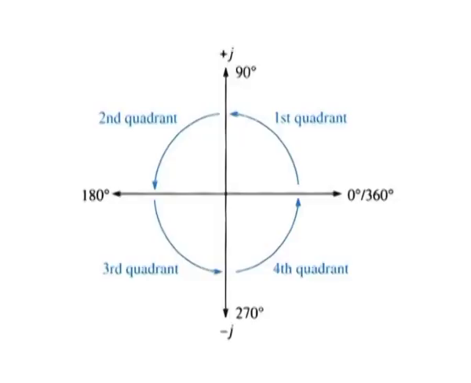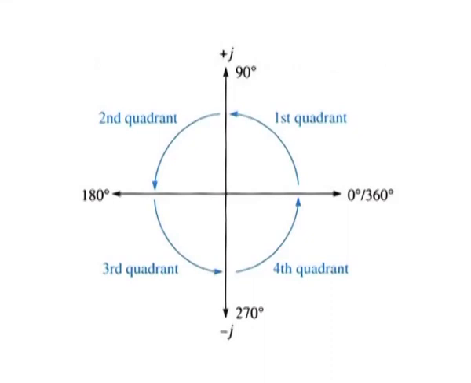Angular position on the complex plane. Angular positions are represented on the complex plane as shown in the figure. The positive real axis represents 0 degrees. Proceeding counterclockwise, the positive j axis represents 90 degrees.